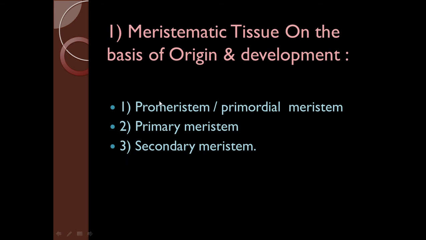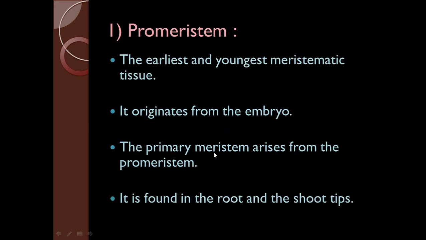Based on origin and development, it is subdivided into first promeristem or primordial meristem, second primary meristem, and third secondary meristem.